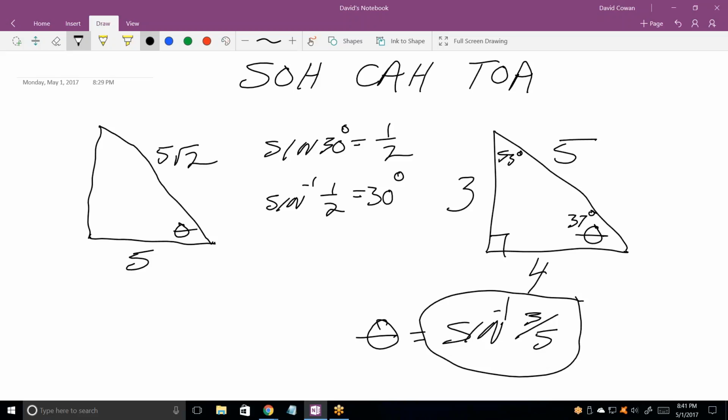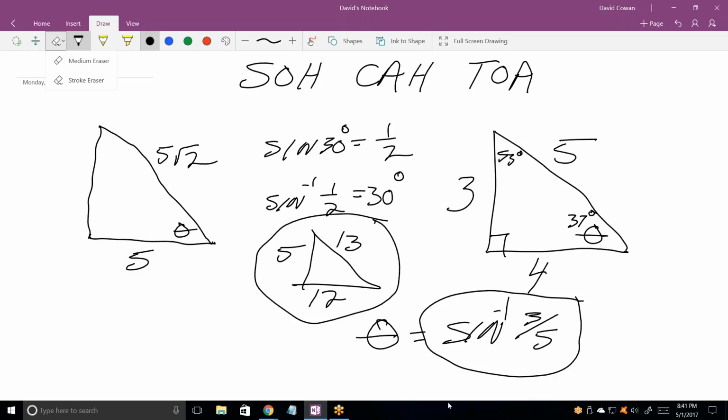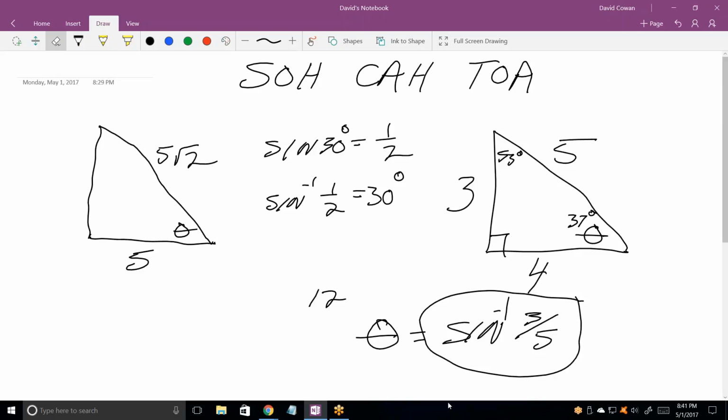In other words, there's no 2, 3, 4 right triangle. There's no 1, 2, 3 right triangle. The smallest one is a 3, 4, 5. And the next smallest one is a 5, 12, 13. In other words, that's the second smallest perfect Pythagorean triangle. That one there. All right, now back to your problem.